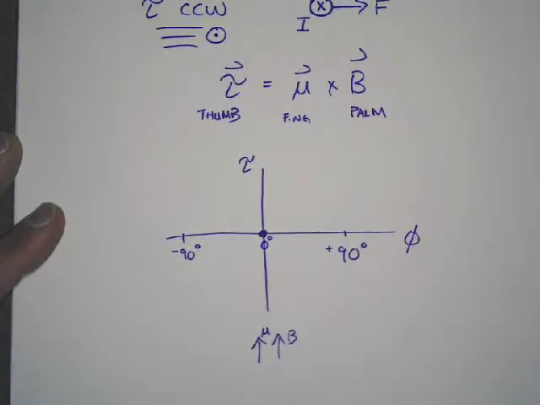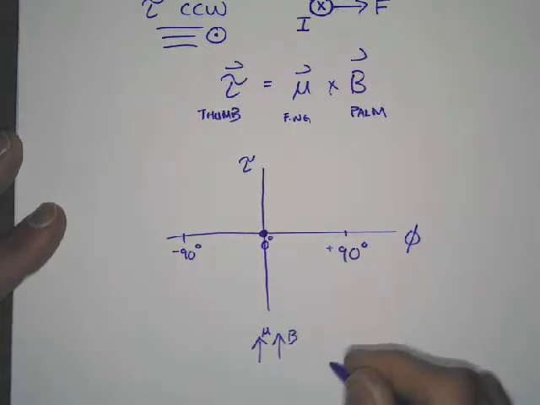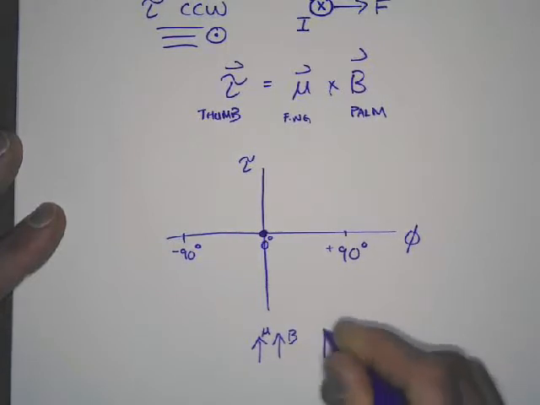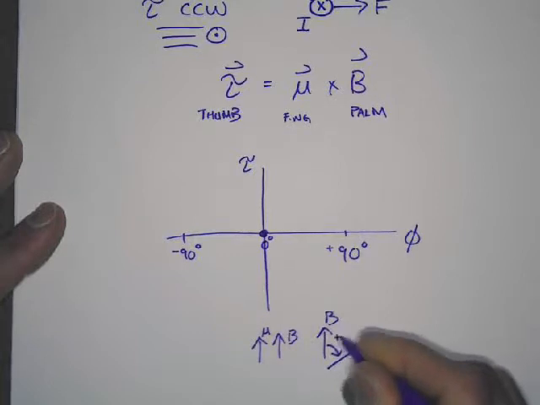So there's a point right there at 0 degrees. As you go out to 90 degrees, mu begins to turn this way, but B is still going up that way. So this would be for positive B.